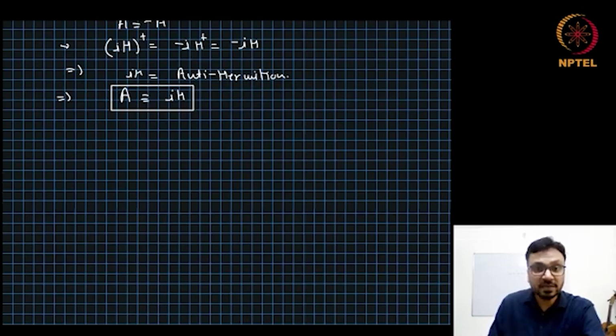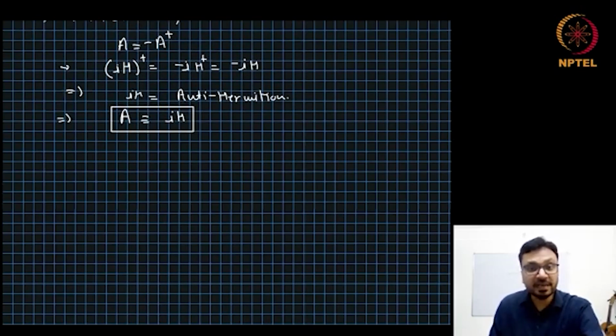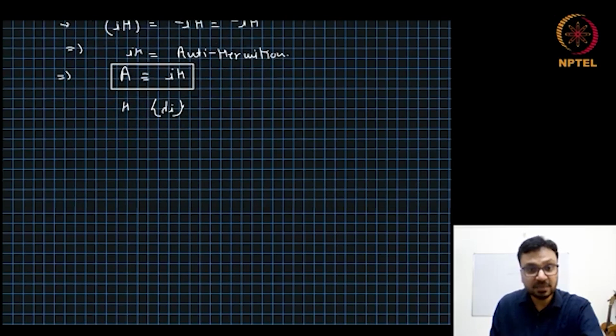Next class of operators. So if A is iH, then we can use all the properties of the Hermitian operators to redefine the properties of the anti-Hermitian. For example, if the eigenvalues of H are lambda n, which are real, then eigenvalues of A will be i times lambda n, so they are purely imaginary.